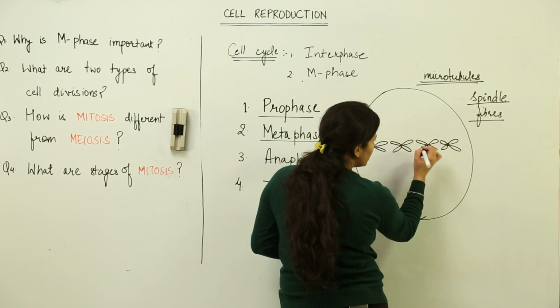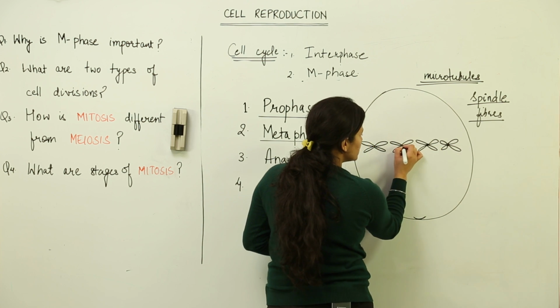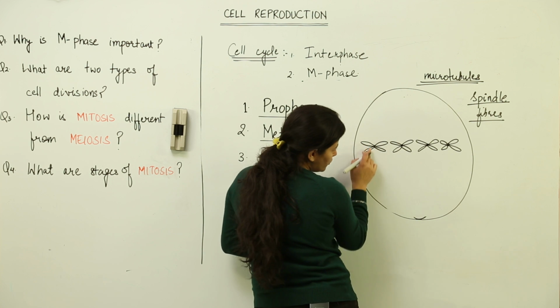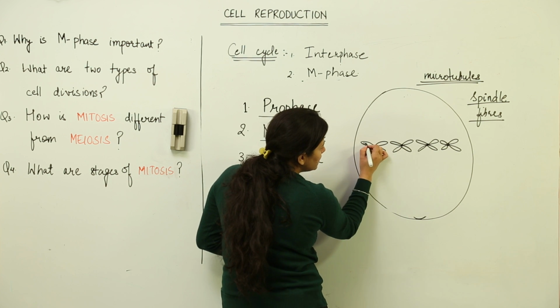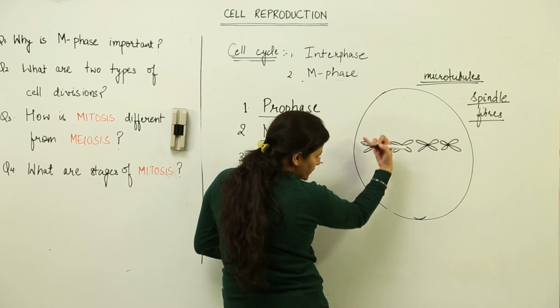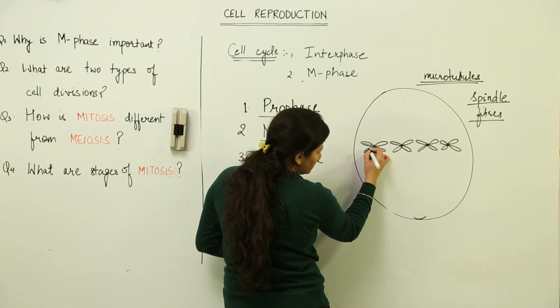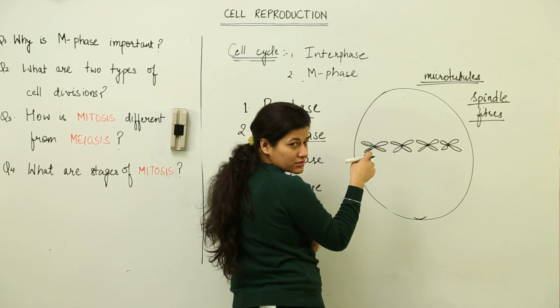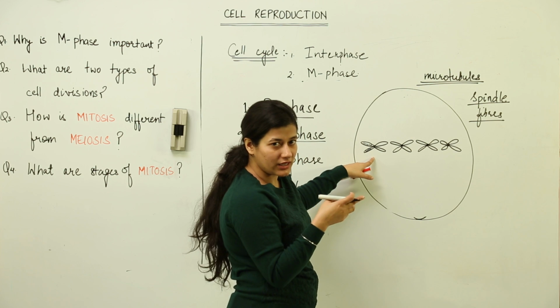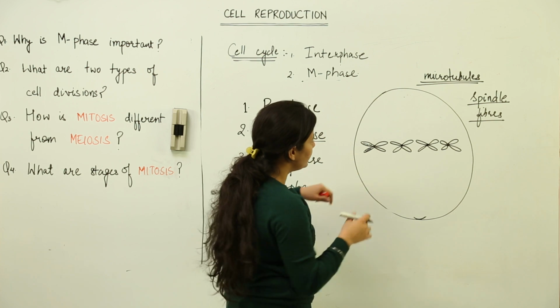This is the centromere in each case where the chromosome is present. These are the sister chromatids. One being supposedly this is having this coding, so it would have similar coding for DNA, similar DNA content, because the other sister chromatid has nothing else but the duplicated DNA content.